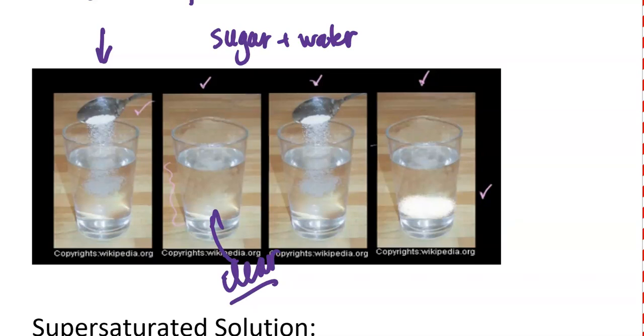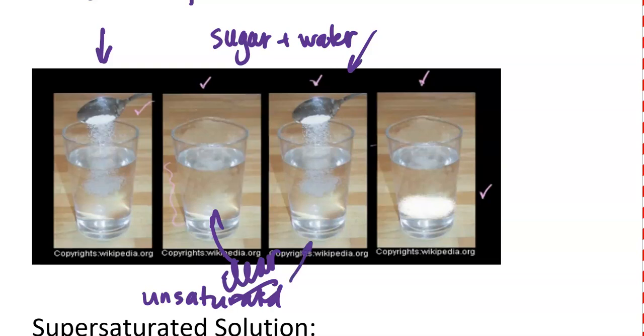Basically that means that all of the sugar that I've added has dissolved. And so at this point, basically that clear solution is still considered to be unsaturated. Okay? If I go and I proceed to add more sugar, basically as long as the sugar keeps dissolving, then basically that solution would continue to be unsaturated.